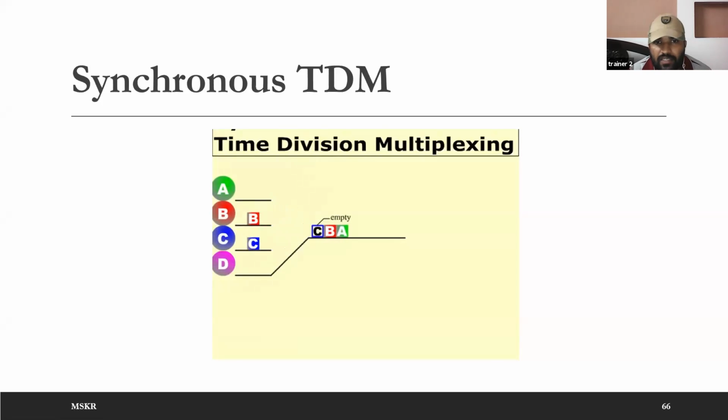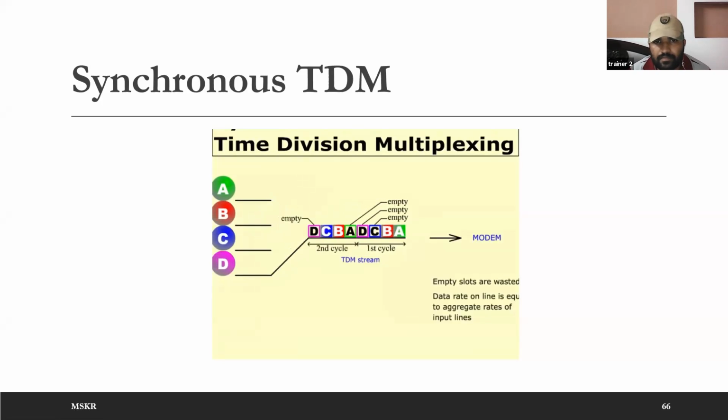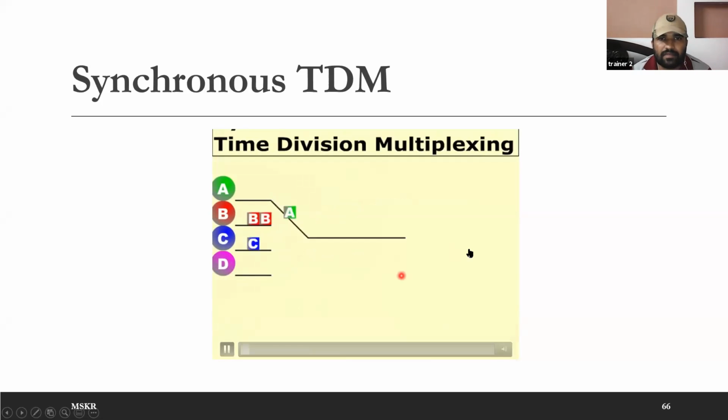This is actually how you are constructing a frame. Okay, as you can see here, A's data is there, B is there, C and D has no data, so you can see empty. So A's data is there, A data is not there, and B, C is there, D is empty. So this is how the frames are transmitted on the multiplexing side.